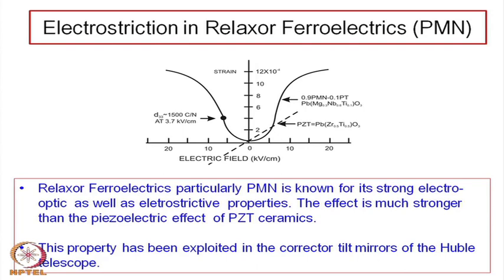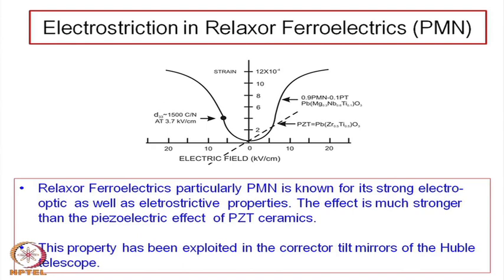So, it is more or less equivalent to the piezoelectric material. The Relaxor Ferroelectrics, particularly PMN, is known for its strong electrooptic as well as electrostrictive properties. The effect is much stronger than the piezoelectric effect of PZT.